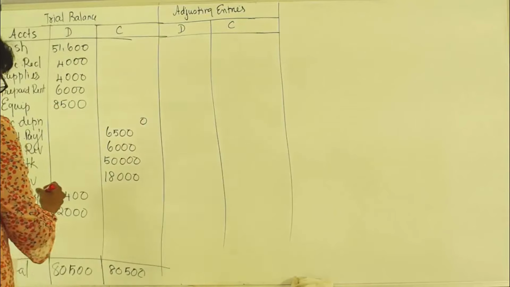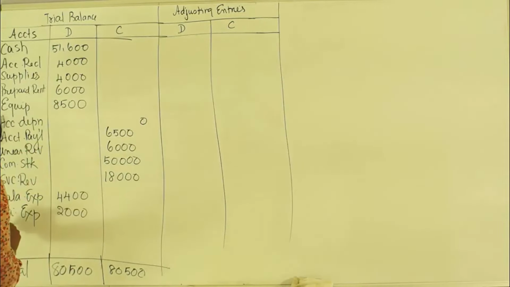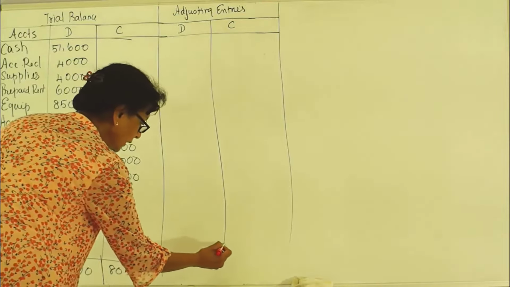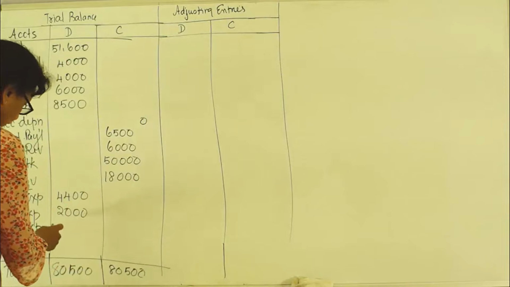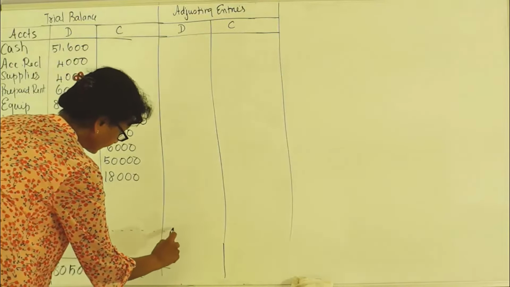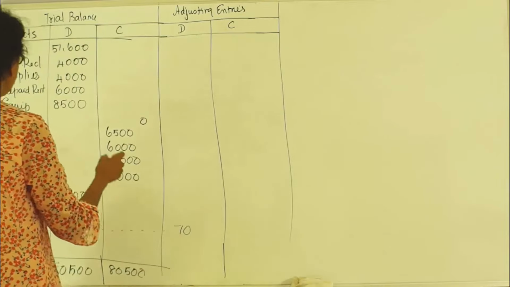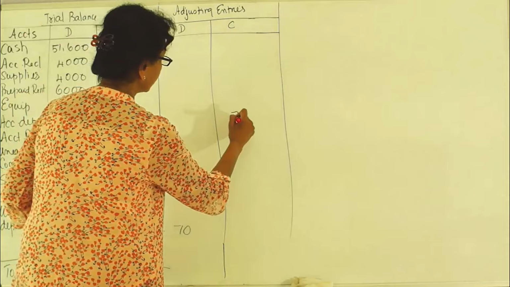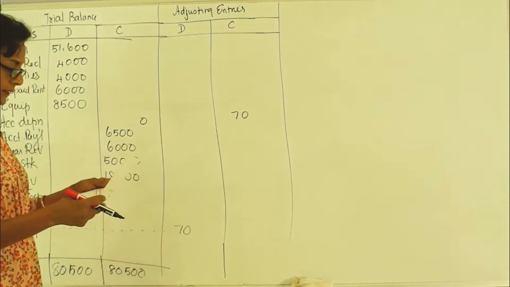So first information for adjustment is the depreciation for office equipment was $70. So what do we do? We go to depreciation expense, and in the adjusting column we enter $70, and then you go to accumulated depreciation and you credit it for $70.